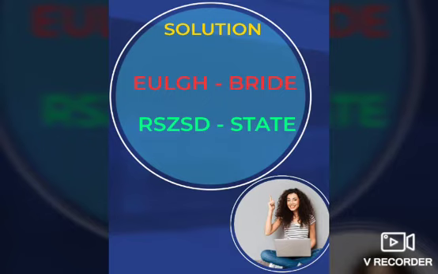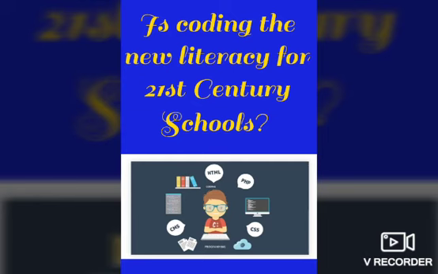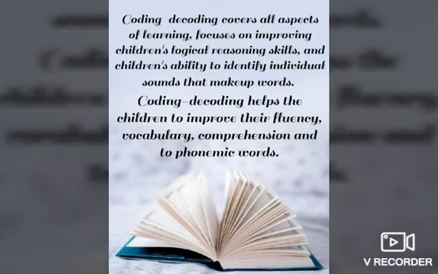As we move further, the big question arises: is coding the new literacy for 21st century schools? Yes, it is, as it develops the mindset, skills, and knowledge of a child.